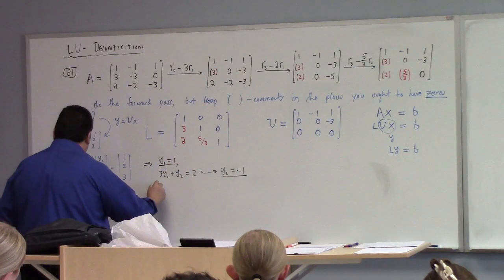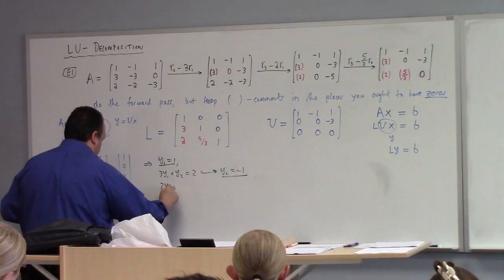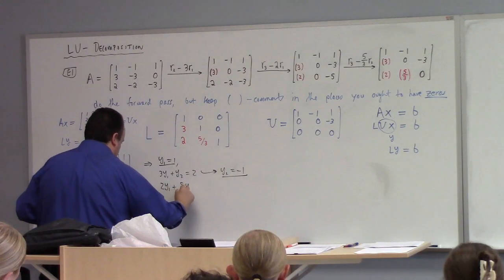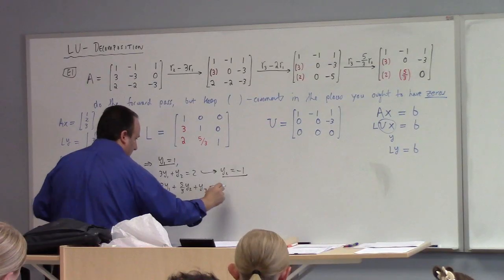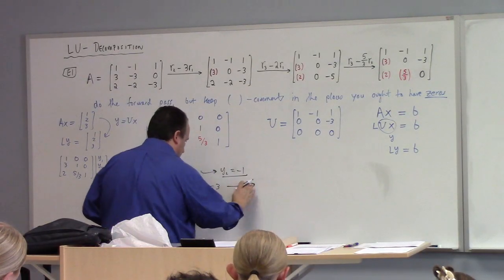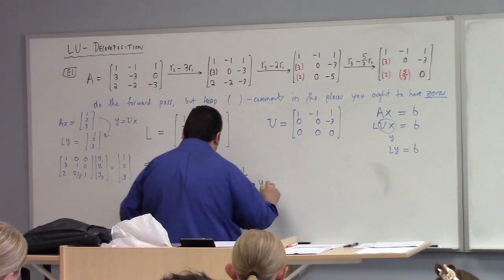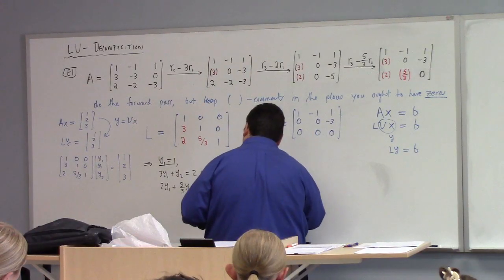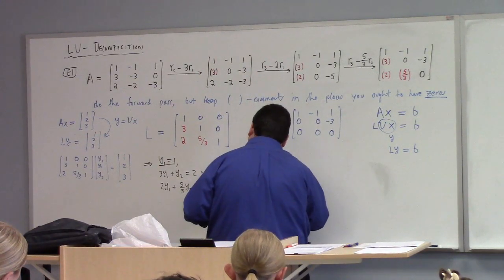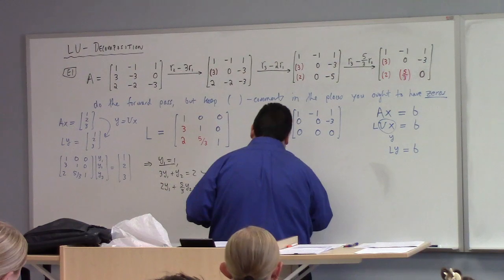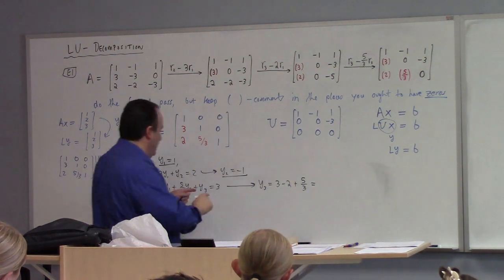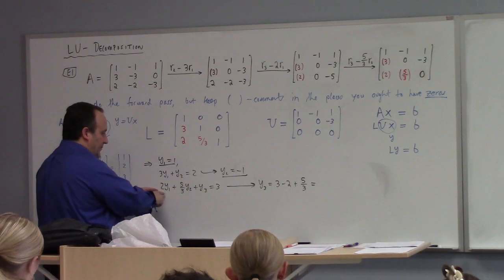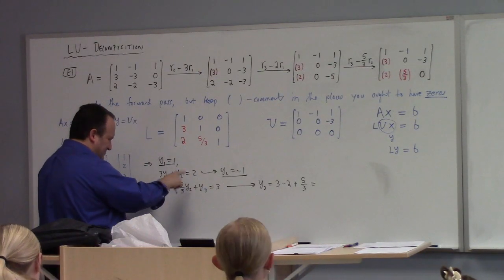And then finally my 2y1 plus 5/3 y2 plus y3 is equal to 3 tells me that y3 is 3 minus 2 plus 5/3, I guess. Solving for y3 here, because I know y1 and I know y2.